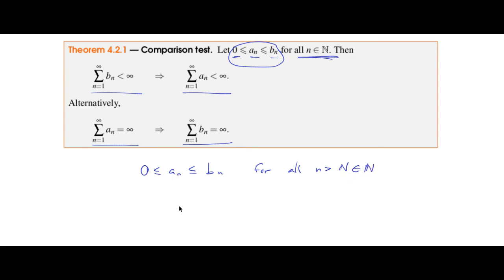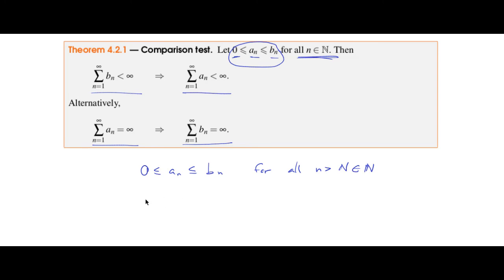Because as we have seen before, if we take any finite number of elements in a series and we take them out of the series, they don't really matter for the convergence of the series, right? Because it's just a finite number of terms.